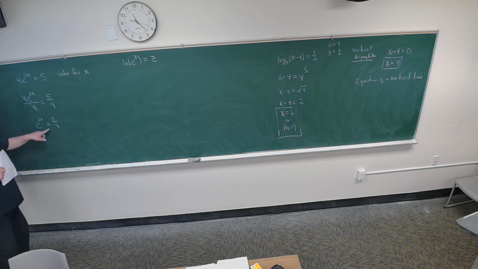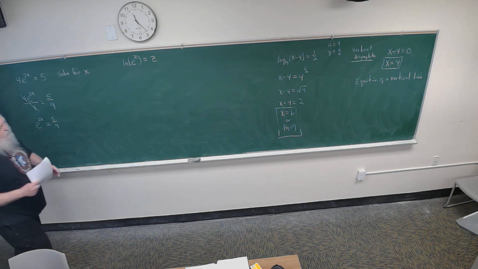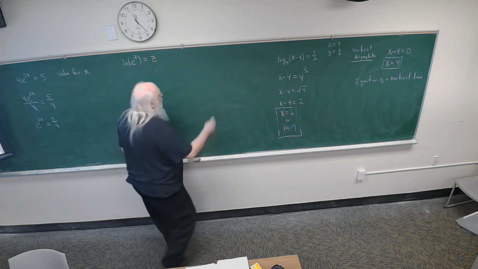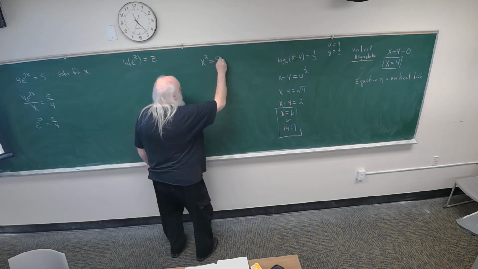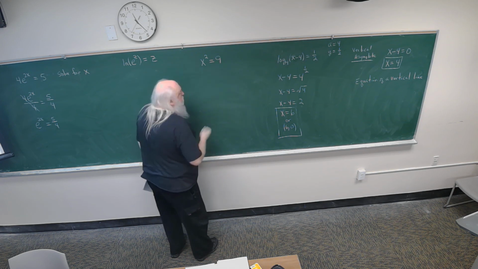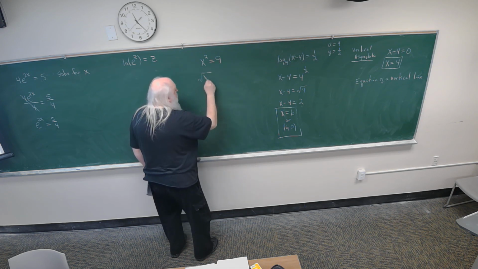So if the left-hand side is equal to the right-hand side, I can make these two quantities arguments inside the natural log function. Okay, so you know how when we solve x squared is equal to 9, we'll take the square root of both sides, right?